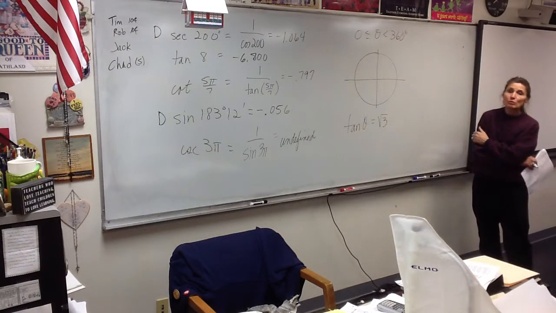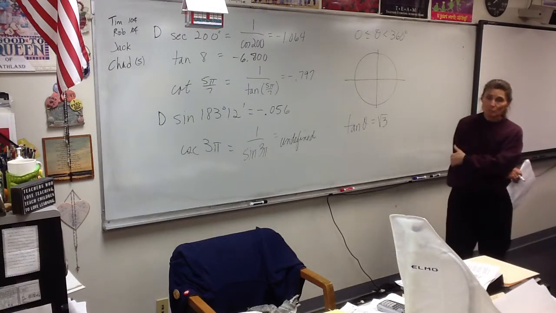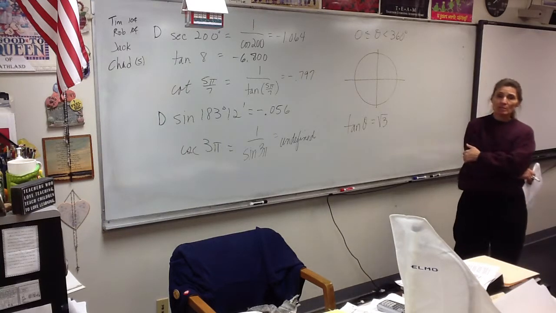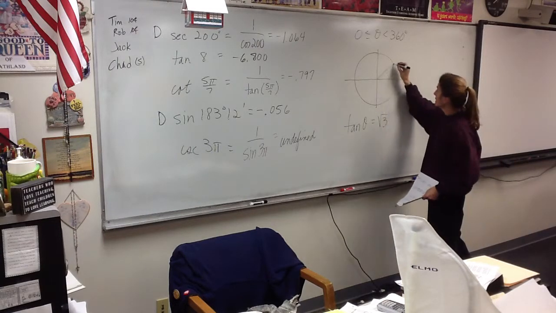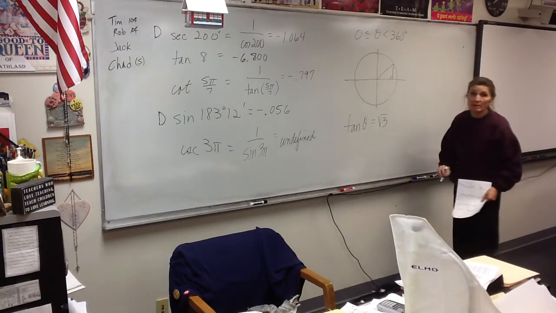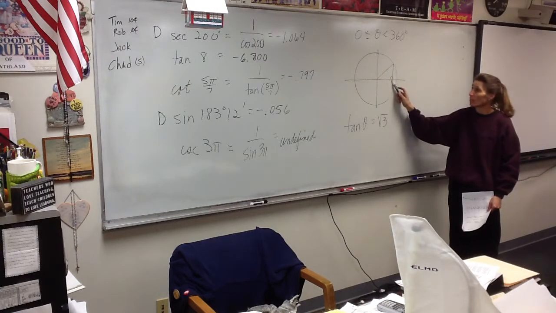Now, I need you to understand something. The tangent is root 3. Where can the tangent be positive? Well, certainly it can be positive in quadrant 1. Because in quadrant 1, adjacent and opposite are both positive.